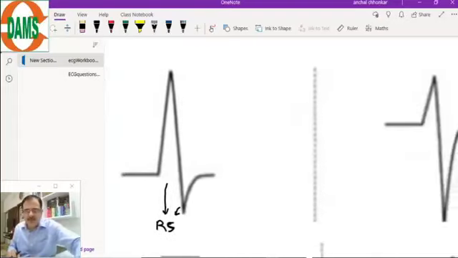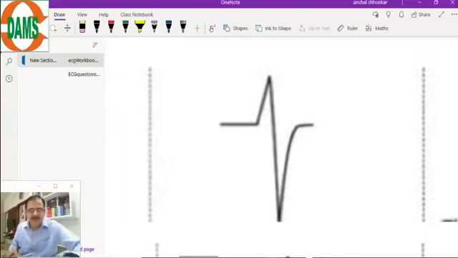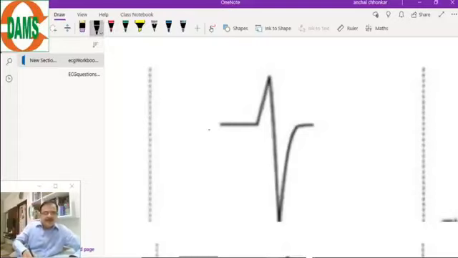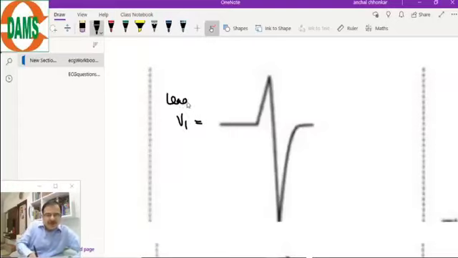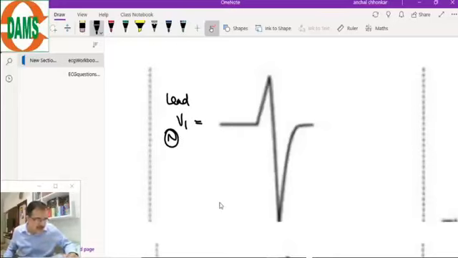Now, come to the third example. Let me see who can give me the correct answer. This was the QRS complex that we have seen in lead V1, a normal QRS complex. What name will you give this wave?